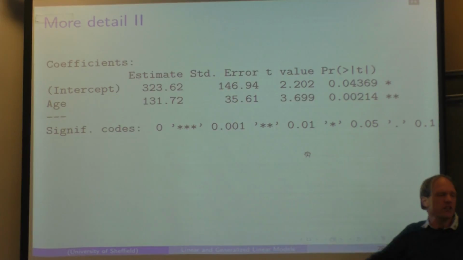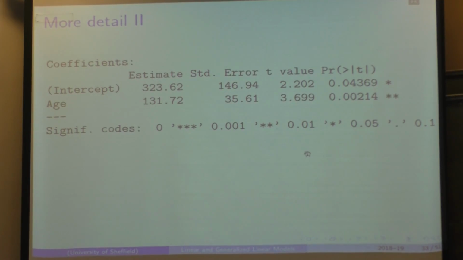R gives you these significance codes after it does the tests. You may remember that there tends to be a convention that results of hypothesis tests are significant if the p-value is less than 0.05. This is just a convention, but the information in R is compatible with it.